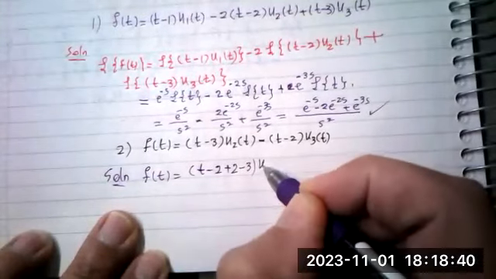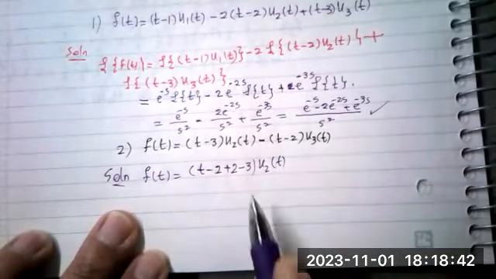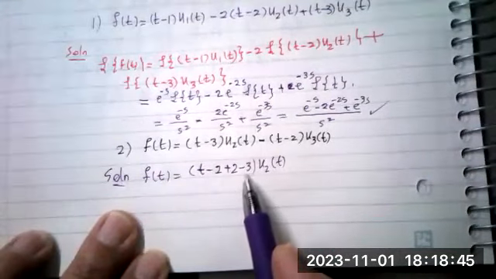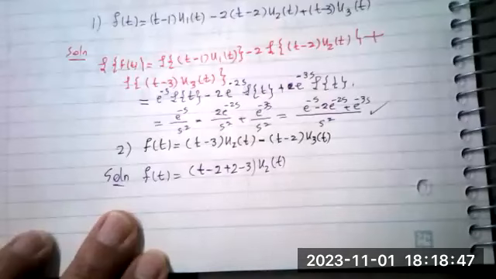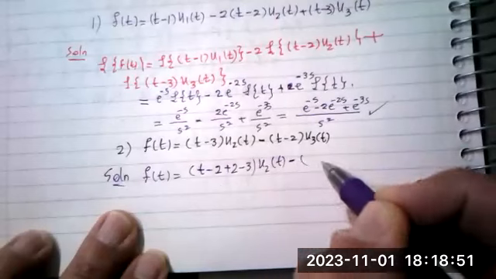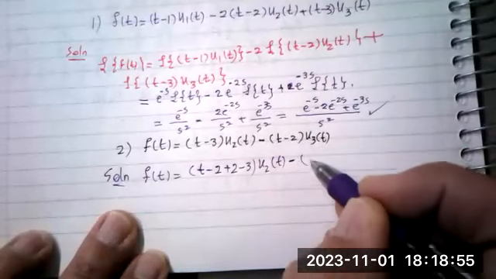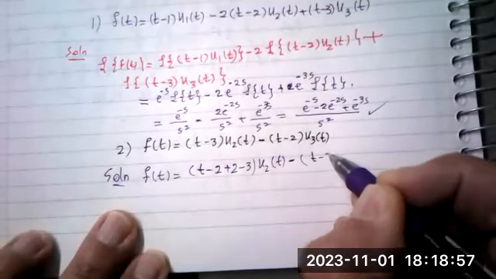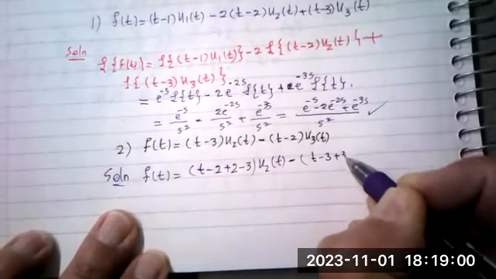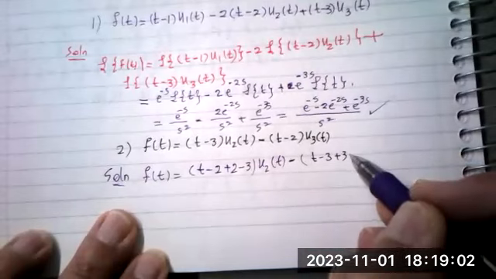That is u2 of t. I simplify 2 minus 3, which gives me the t minus 2 that I need. It's going to be minus. This is u3. I need t minus 3, so this would be t minus 3, then I add the 3 to match it, and the minus 2.